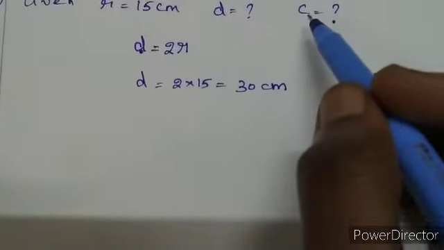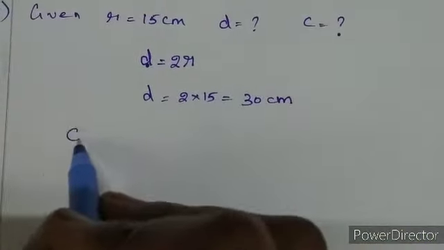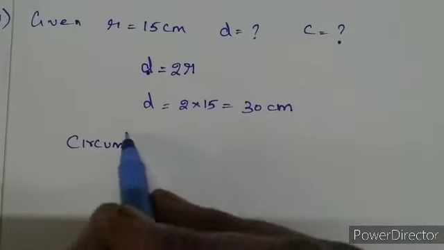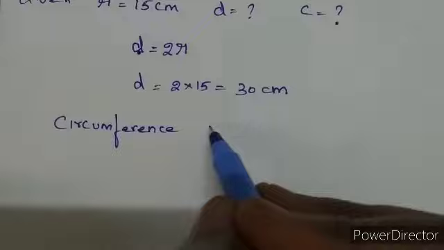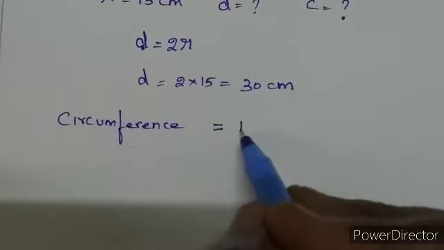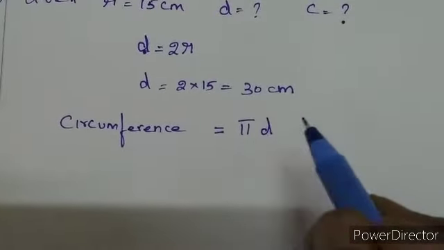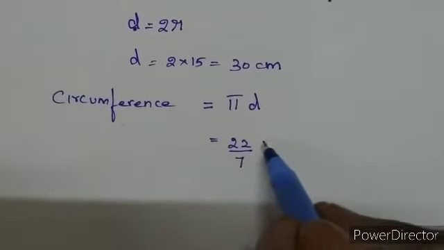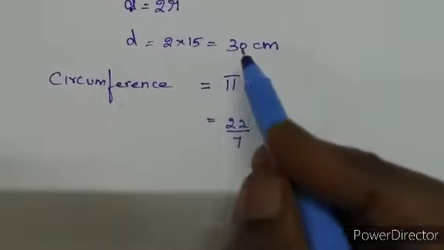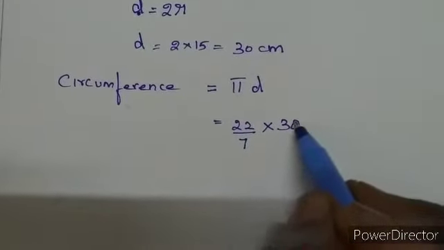Now circumference of the circle. Circumference of the circle equals pi d. Here the pi value is 22 by 7 and d is 30.